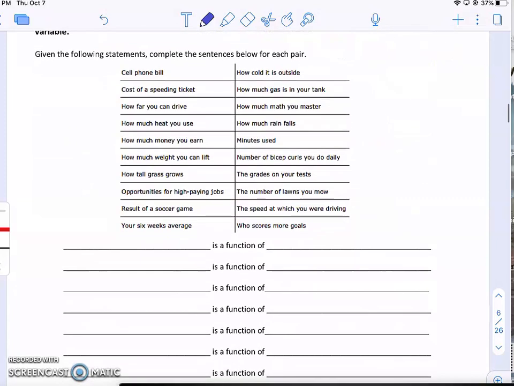So I want you to take some time on these and complete the sentence below. What is a function of what? What depends on the other one? And you can see there's lots of different things here that you can choose from. So for example, your cell phone bill is a function of how many minutes you used.